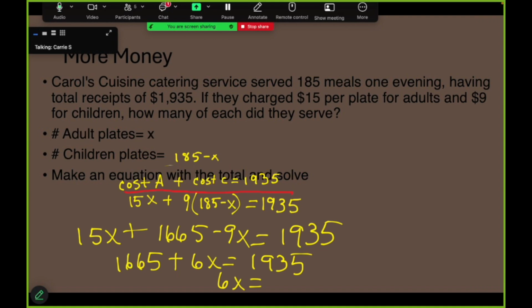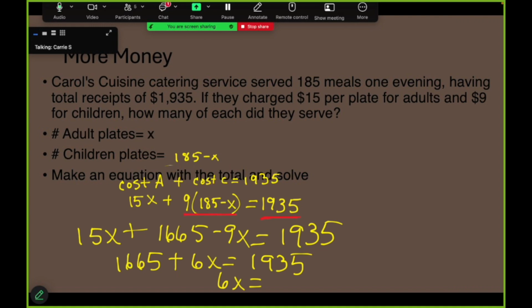Yes. Okay. So the cost of the adults is $15 times the number of adults. Do you see how I got 15x? Because it's $15 for the adults. You have a question about that, Zach? No. Okay. So you understand that part. Because this is a total amount, the total amount for the adults was 15 times the number of adults.